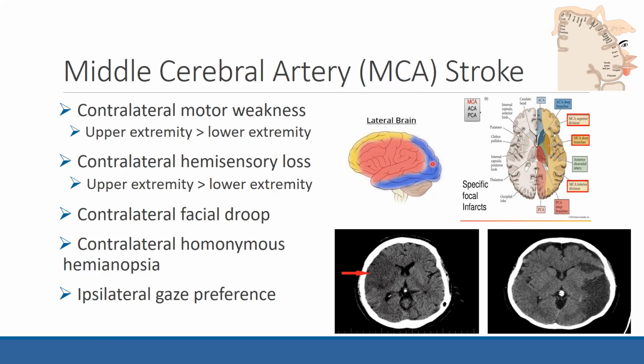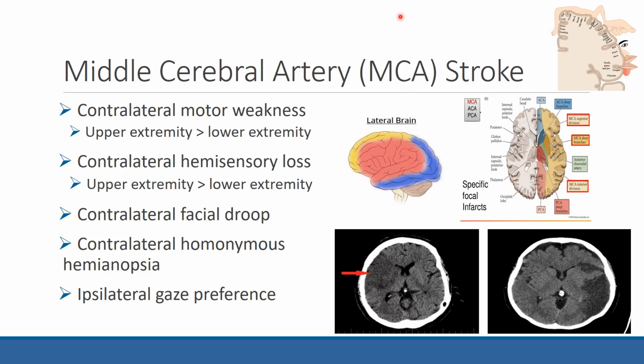So again, we're talking about the lateral surface of your frontal, parietal, and temporal lobes. And if you can see on this slide, again, it's the lateral surface, but there's also some deep fibers into your basal ganglia. So with a middle cerebral artery stroke, an MCA stroke, these are kind of the things you're going to be looking for, thinking about if you see a patient you know has had this type of stroke.